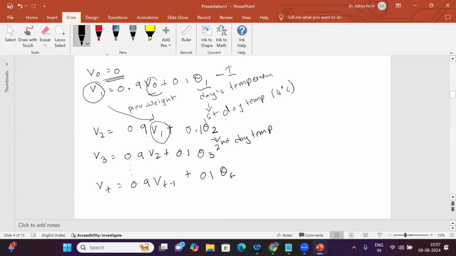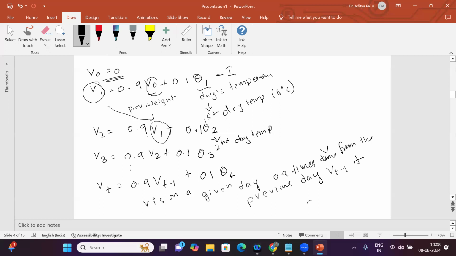for theta t. So v on a given day is 0.9 times v from the previous day, the previous day weight, that is vt minus 1, plus 0.1 times the current day temperature, which is nothing but theta t.